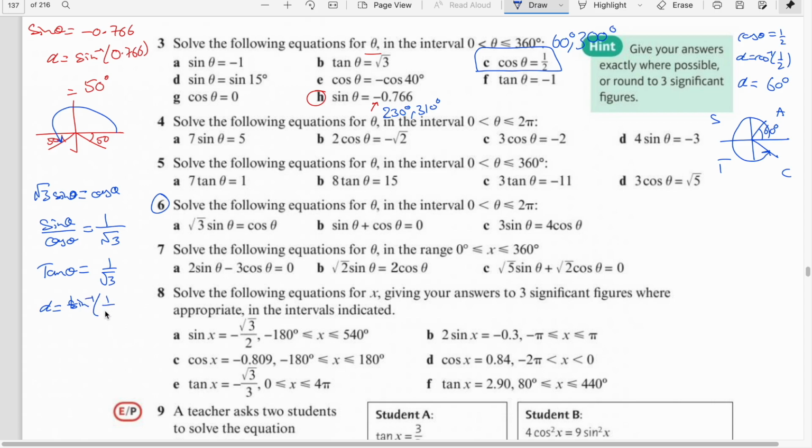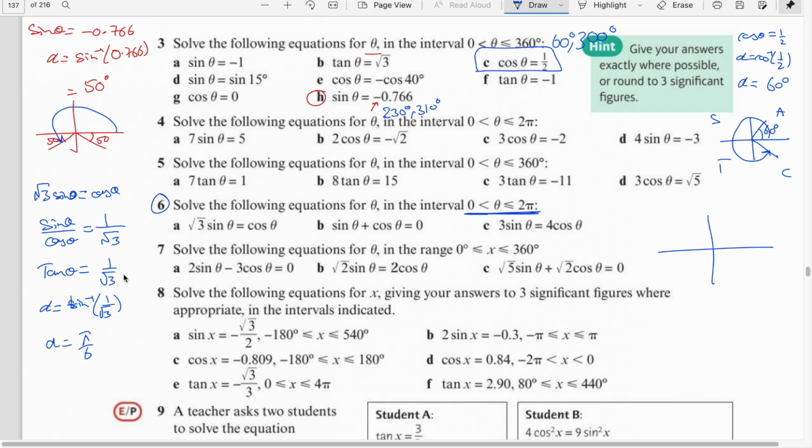All these steps are the same as we did in question number 3. The basic angle is in radians this time, so changing the mode of the calculator to radians, and shift tan of 1 by square root 3, getting pi by 6. Pi by 6 is the basic angle.